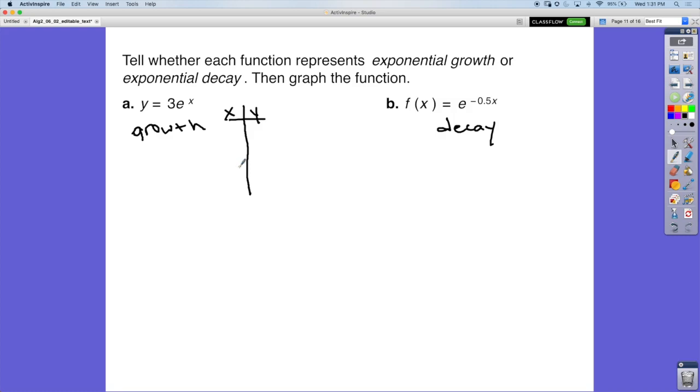Okay, someone has the chart? And then we'll do a chart here. Okay, what'd you get? -3 is 0.149.